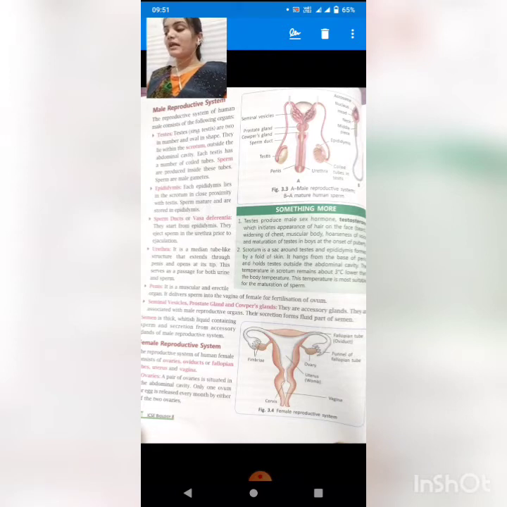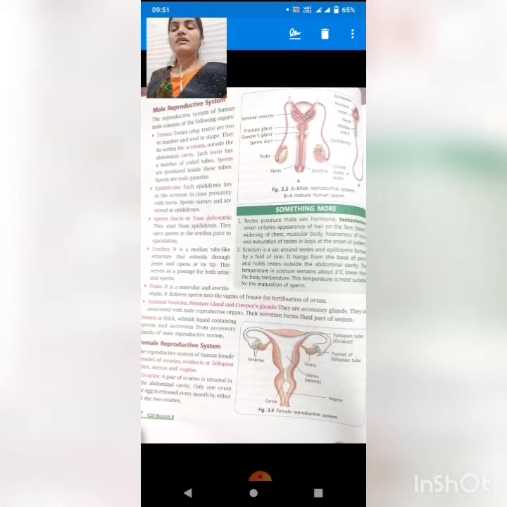Now the seminal vesicle, prostate gland and Cowper's gland. Now what are these glands? These are the associated glands which are responsible for the secretion of fluids. And which types of fluid? These are the fluids which provide lubrication to the male gametes. So when these fluids get mixed with the male gamete, it forms semen.